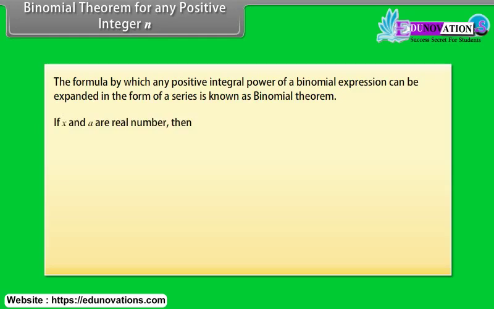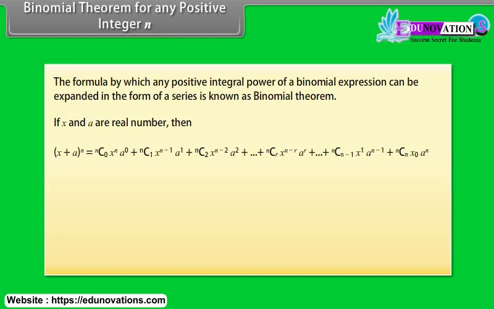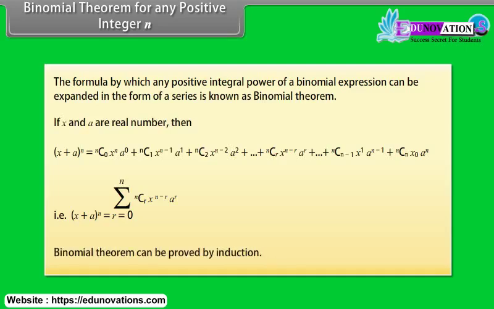If x and a are real numbers, then (x + a)ⁿ is equal to the summation from r = 0 to n of nCr x^(n−r) a^r. The binomial theorem can be proved by induction.